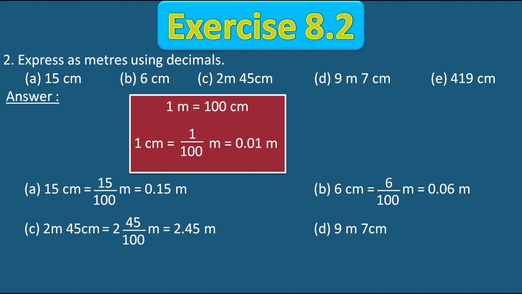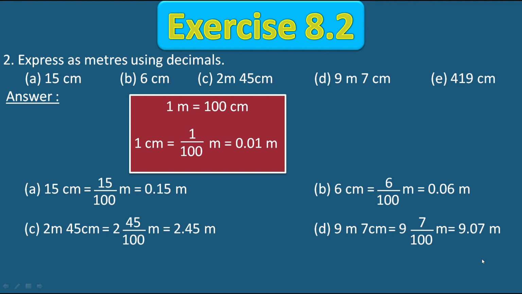Now in the next one we have 9 meter 7 centimeter. Here also we have meter. So 9 meter is a whole number. So it can be 7 upon 100 meter, which is equal to 9.07 meter. You might be thinking that whenever we have one digit here, we have to write 0 before that. Whenever we have two digits, we can directly write it because it will occupy two places. But here it will occupy only one place. That's why we have to write 0 before that.